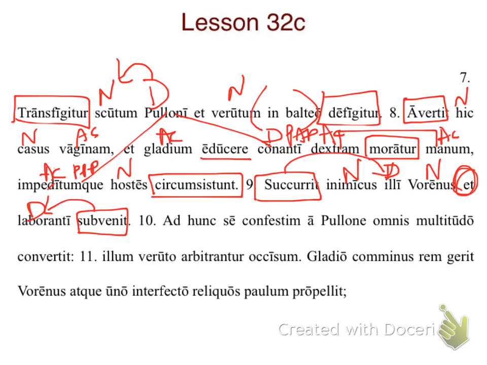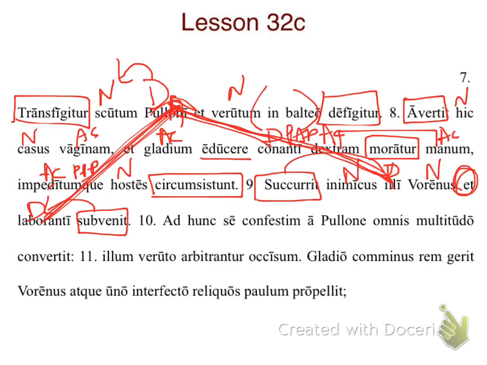I think you'd say runs up to him. That's what I would do. Runs up to him, okay, and this is still Pullo, right? Runs up to him and gives aid, aids the one working, like laboring, as in trying to breathe.